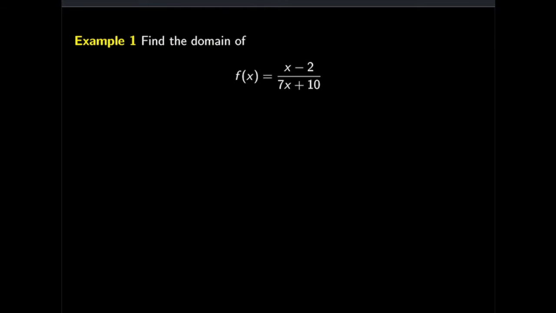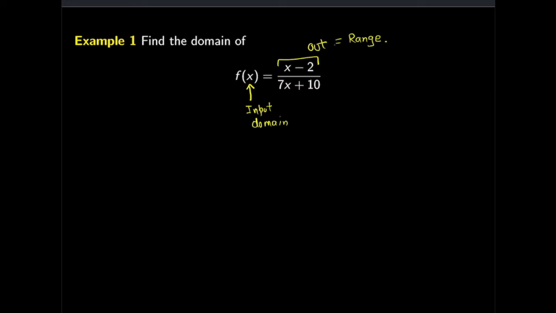My first example of a function is f of x equals (x minus 2) divided by (7x plus 10). Here x is the independent variable, and also the input of the function, and this is the output. So you can think that the input is the domain and the output is the range.